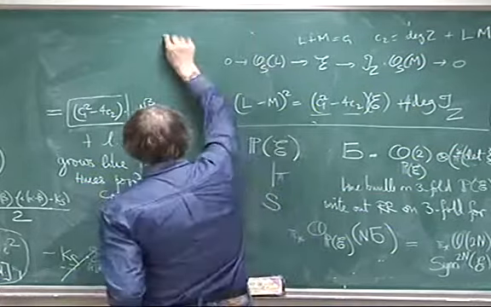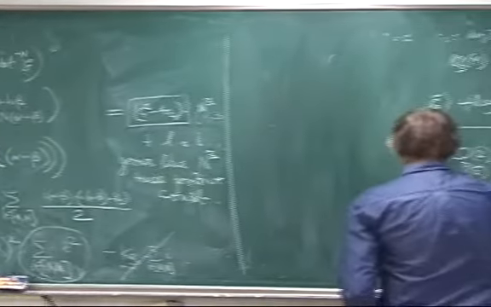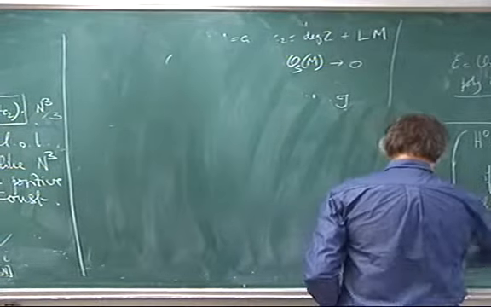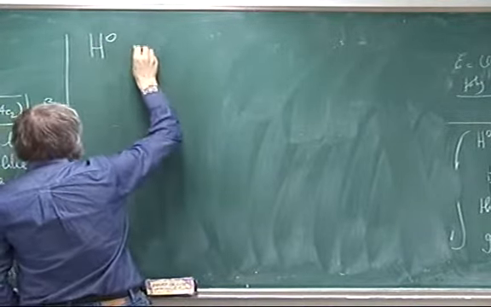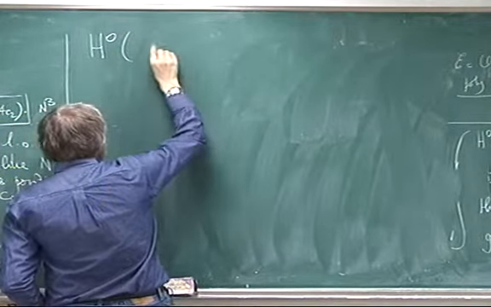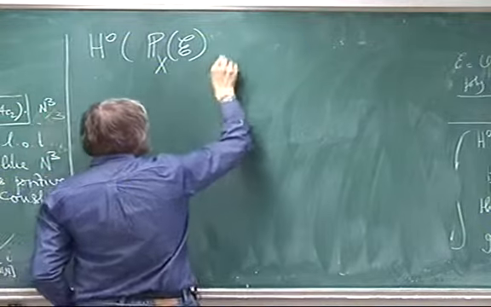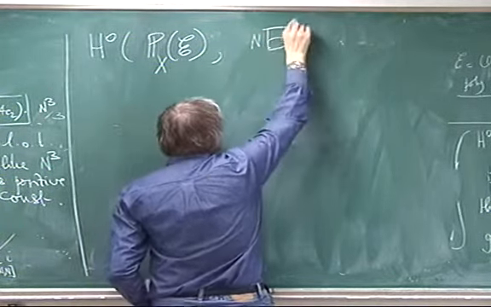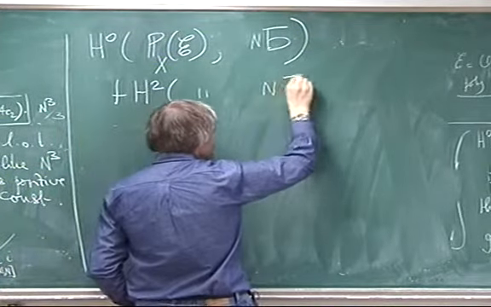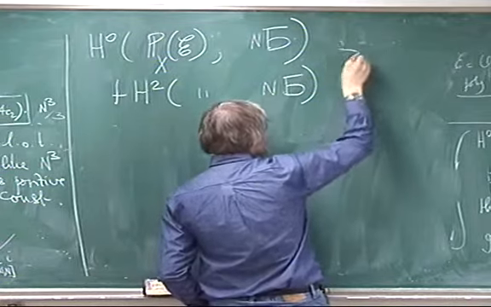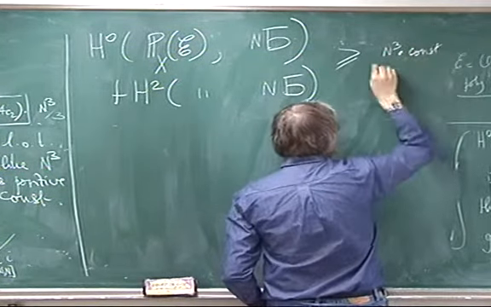There's another part of the calculation, which is to say, so this proves that H naught of this guy, so it's H naught on the threefold P(E) over X of n times b, plus h2 of the same thing, n times b, the sum of these is greater than or equal to n cubed times a constant for large n.